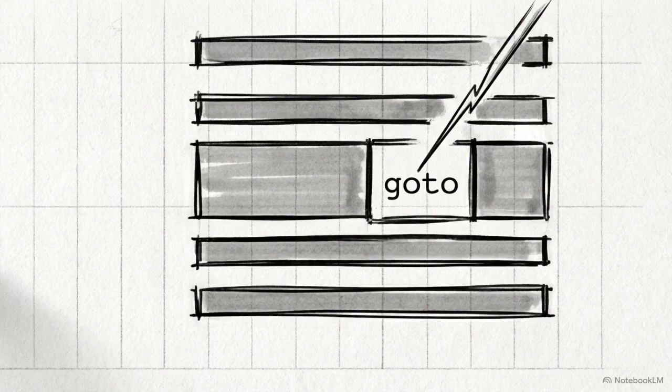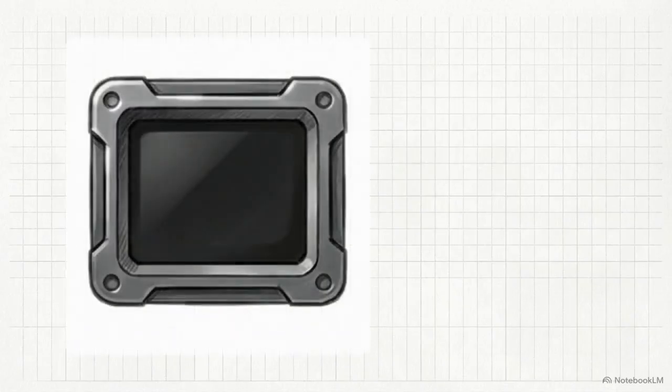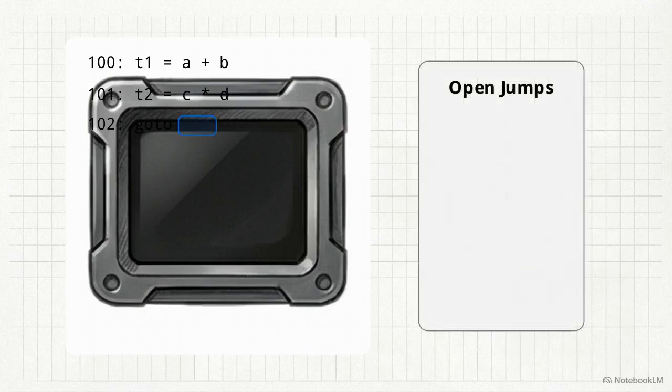But single-pass compilers read code sequentially, which creates a temporal problem. The compiler often generates a jump instruction before the destination label actually exists. Look at this sequence of instructions. The compiler generated a go-to command, but the destination label hasn't been processed yet. The target address remains completely empty. The compiler temporarily leaves the jump target blank, queuing it in an open jumps list.